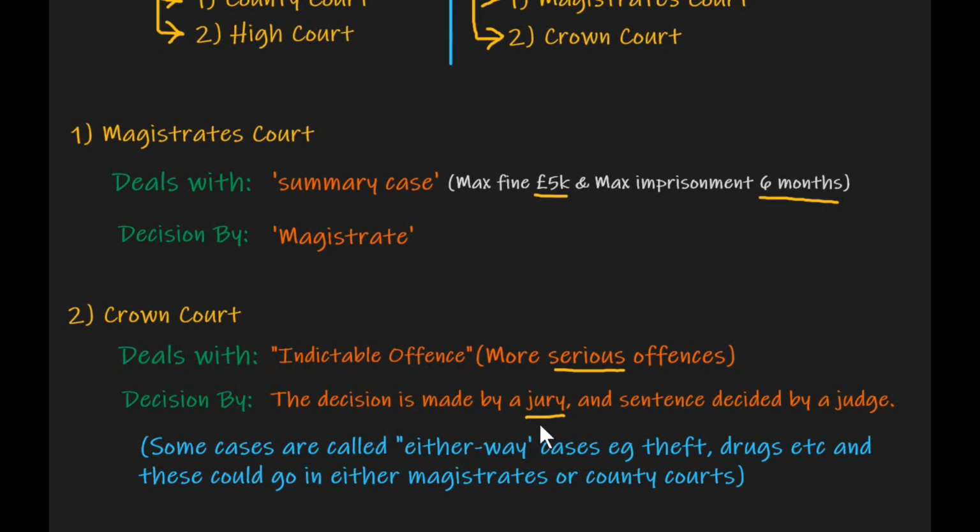If they think the person is guilty, then the judge can decide that person's sentence or punishment. Some cases are called either way cases, for example theft, drugs, etc., and these cases can go either to magistrate court or to the county court, which is part of civil court.